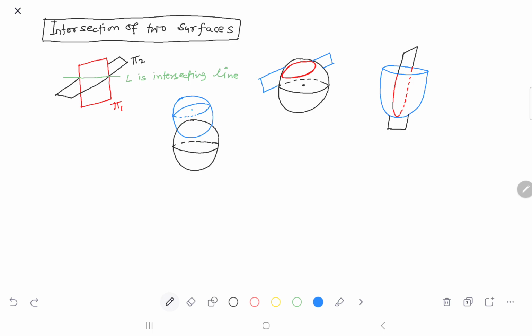Then what should we get? The intersection of two spheres. We again get the intersecting part as something like a circle, right? This way. So this means if we take the intersection of two surfaces, we are getting a curve, right?